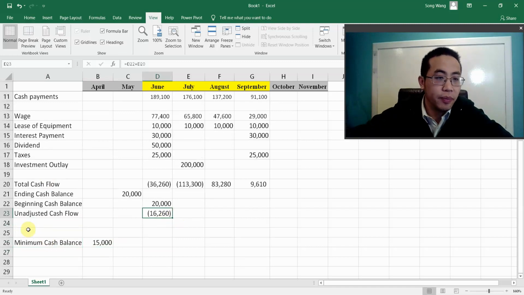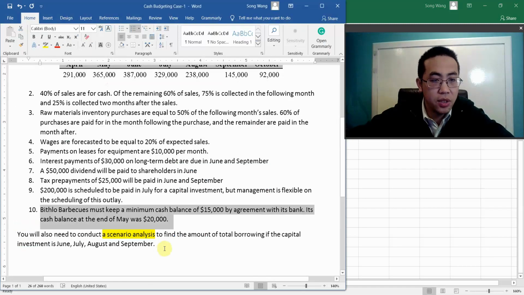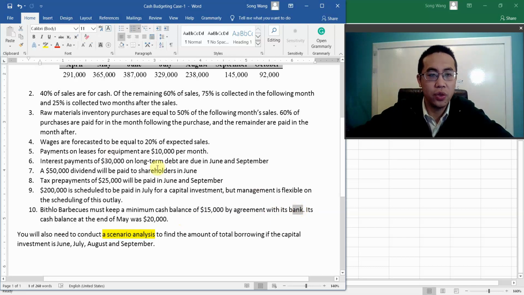So what do you need to do? Well, it says you need to calculate total borrowing. That means if you're running short, you have to borrow from the short-term loan market or money market instead of borrowing from the bank, which forced you to pay interest in June and September.